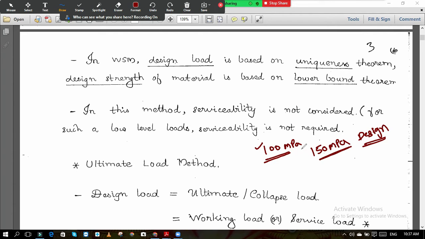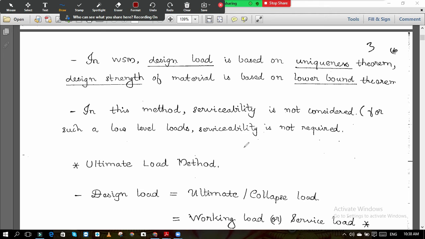Okay, I am talking in terms of stress. So that in future also if the stresses get increased, it won't fail. But due to this increase, the dimensions of the member will get increased. Okay, so this is what happened in working stress method.